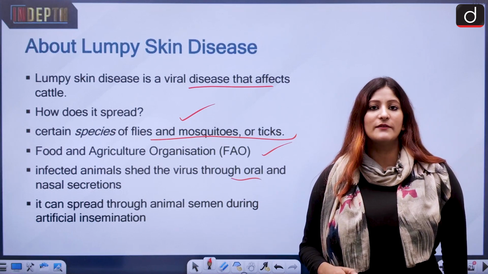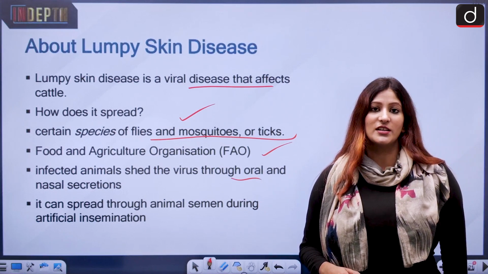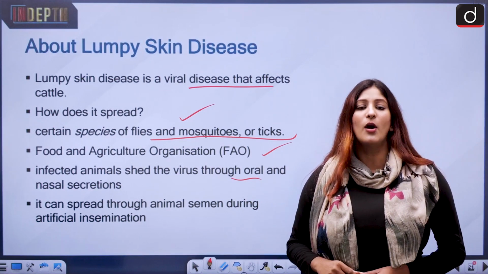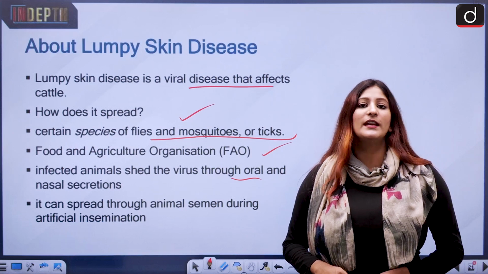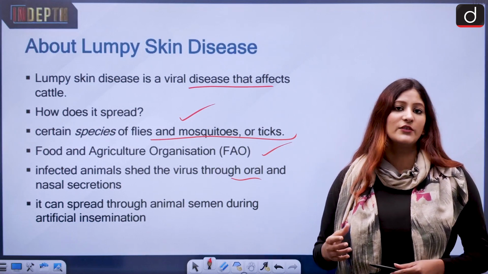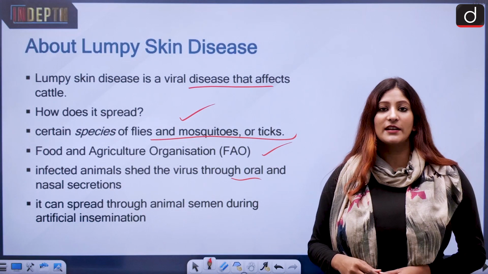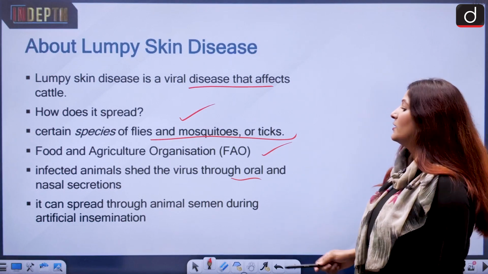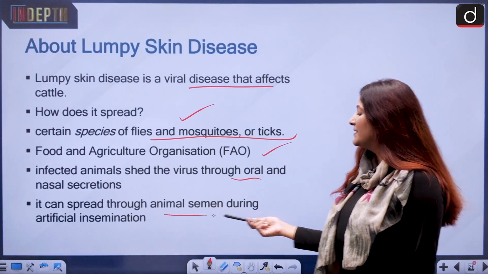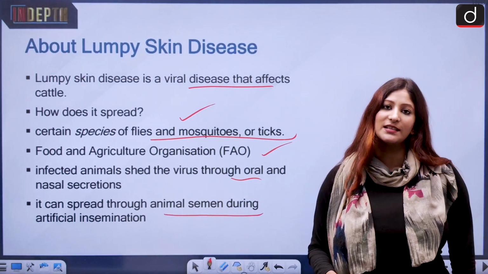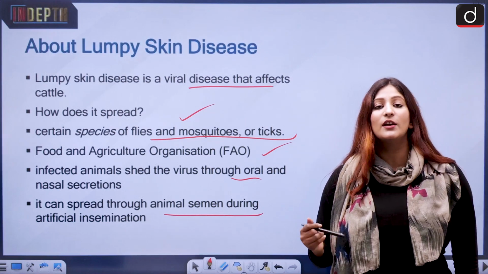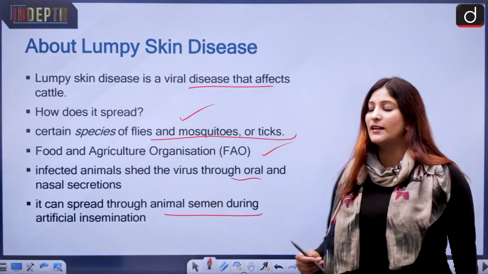They can cause the infection to spread. How? If the entire herd is drinking water from one common bowl, the nasal secretion can spread to other cattle as well. Similarly, it can spread through animal semen during artificial insemination as well. So this is a threat to getting a good mix of breed of cattle as well.